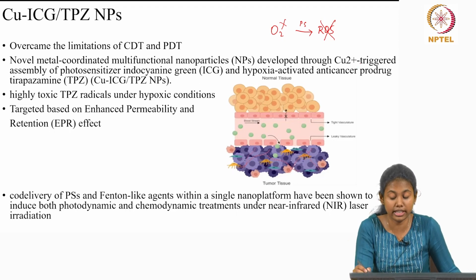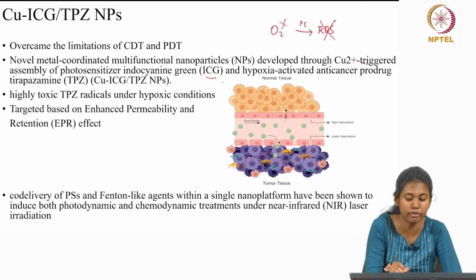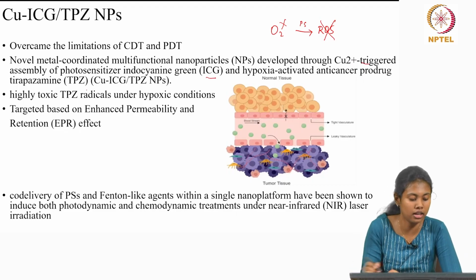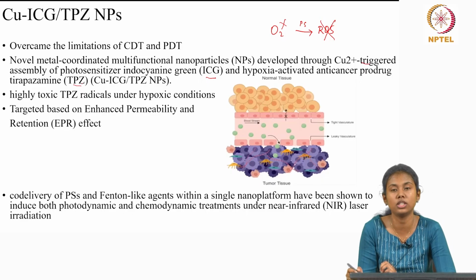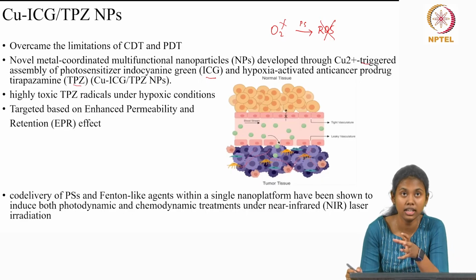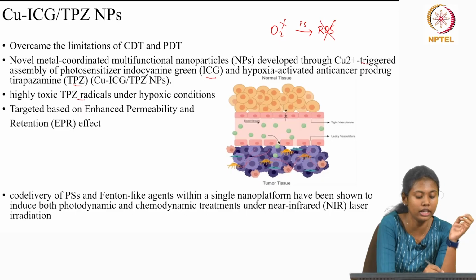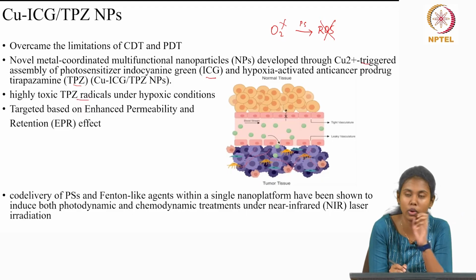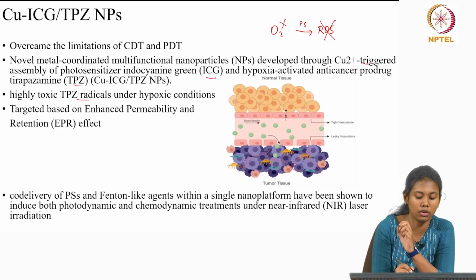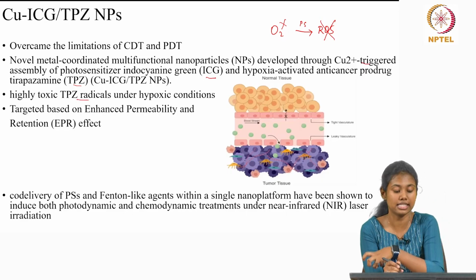It has copper ions, ICG, which is a photosensitizer, and also tirapazamine. Tirapazamine is a hypoxia-activated anti-cancer pro-drug, which is activated into a highly toxic TPZ radical only in hypoxic conditions, which kills cancer cells.